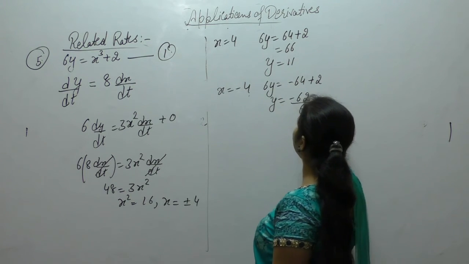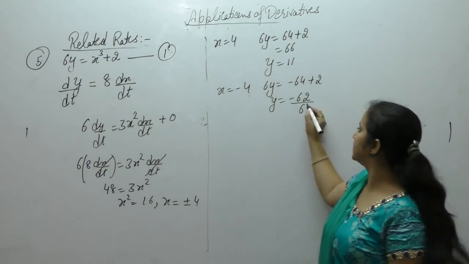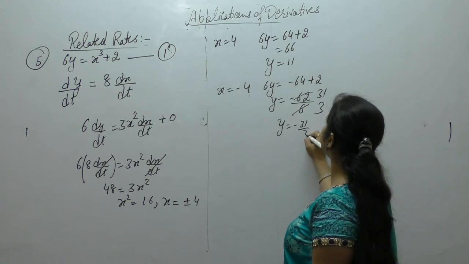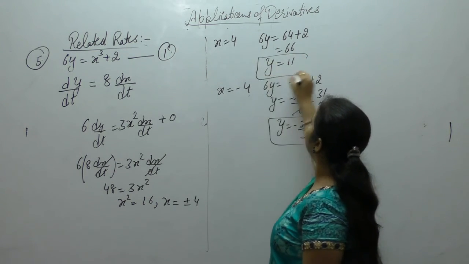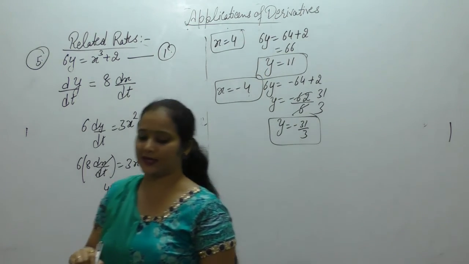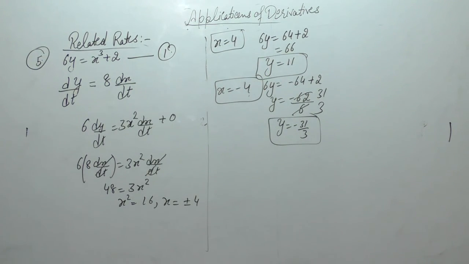So y is minus 62 upon 6, so we get y as minus 31 by 3. So y is 11 when x is 4, and when x is minus 4, y is minus 31 upon 3. Note it down.